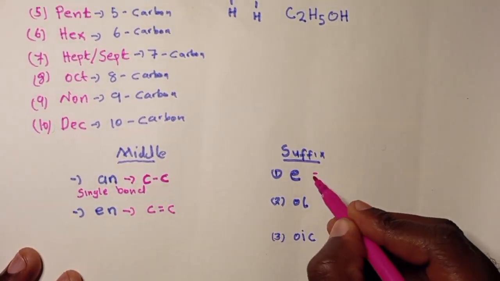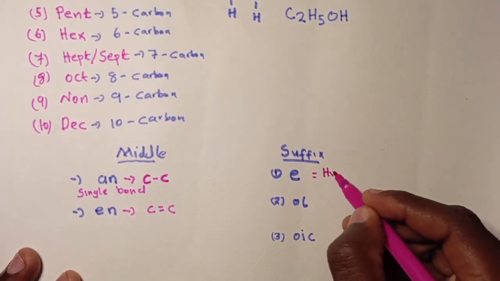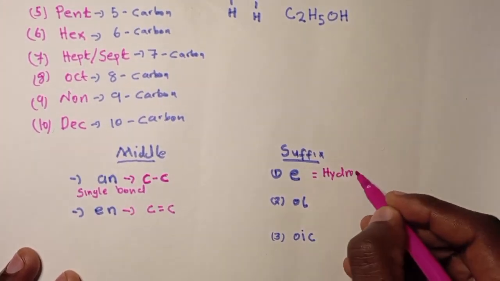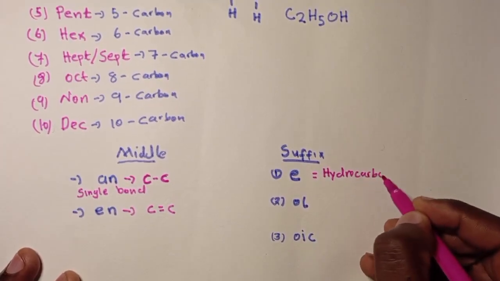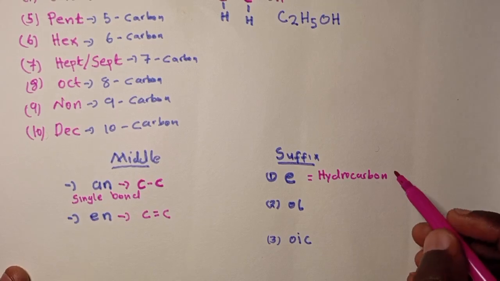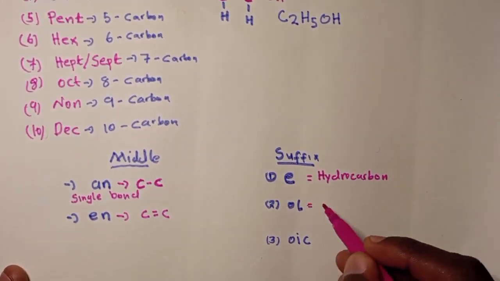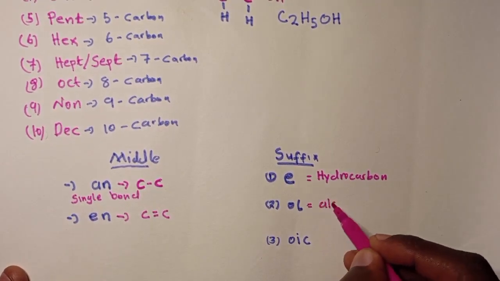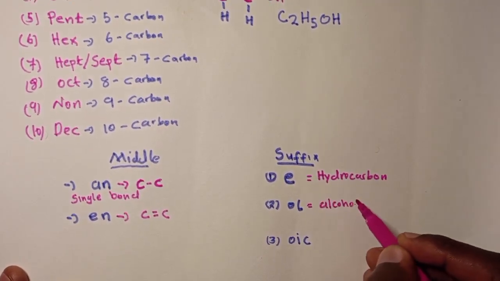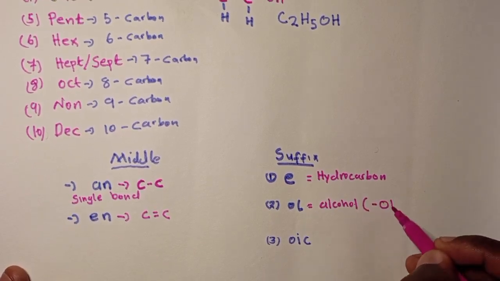So if it ends with E, this tells you that it is a hydrocarbon. Now, what is a hydrocarbon? This is a compound made up of only 2 things, hydrogen and carbon. This one tells you that it is an alcohol. What does this mean? It has this functional group at the end.